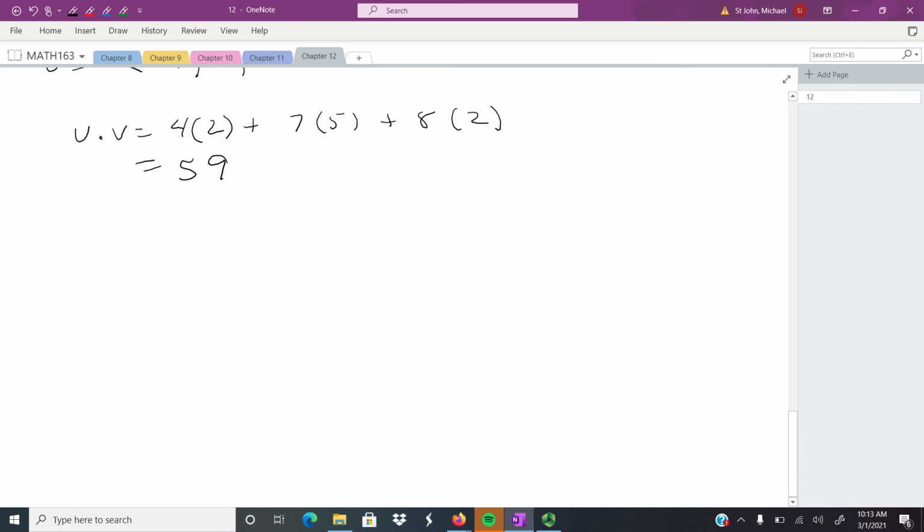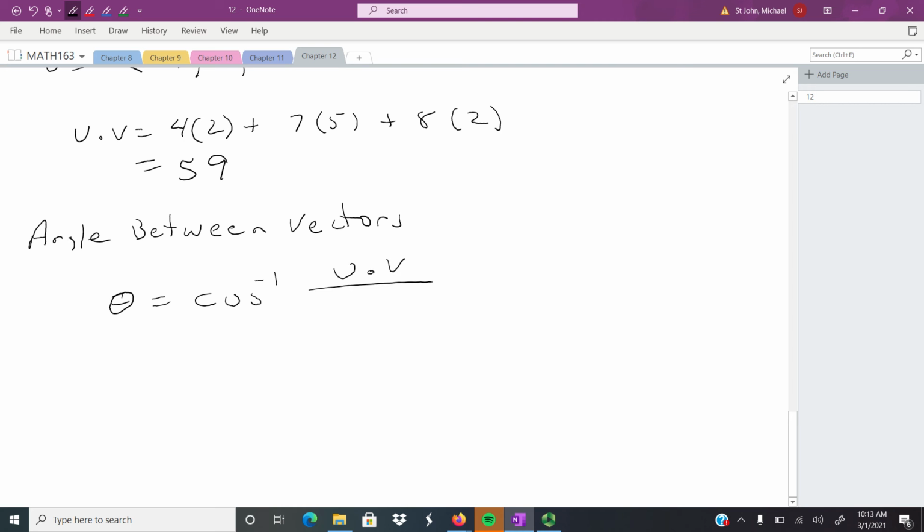And we can find the angle between the vectors. So the angle between our vectors is going to be theta, the inverse cosine of the dot product divided by the magnitude of u times the magnitude of v.